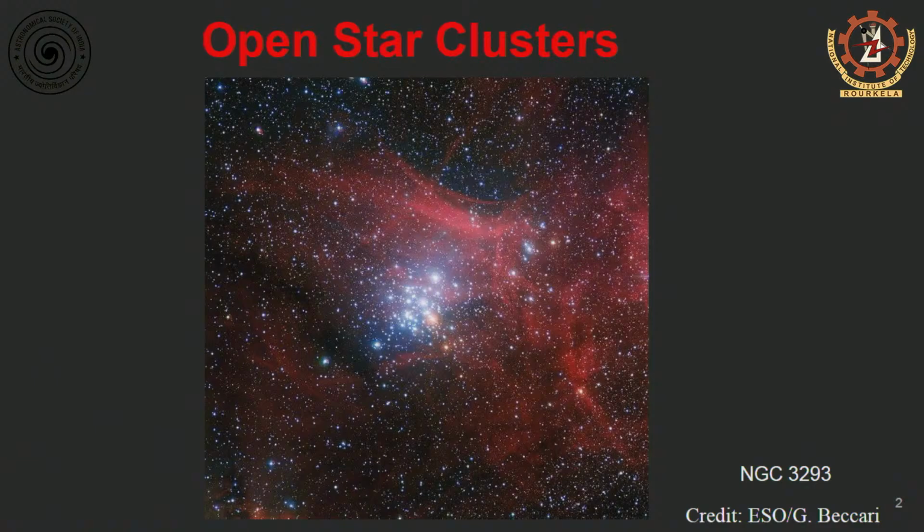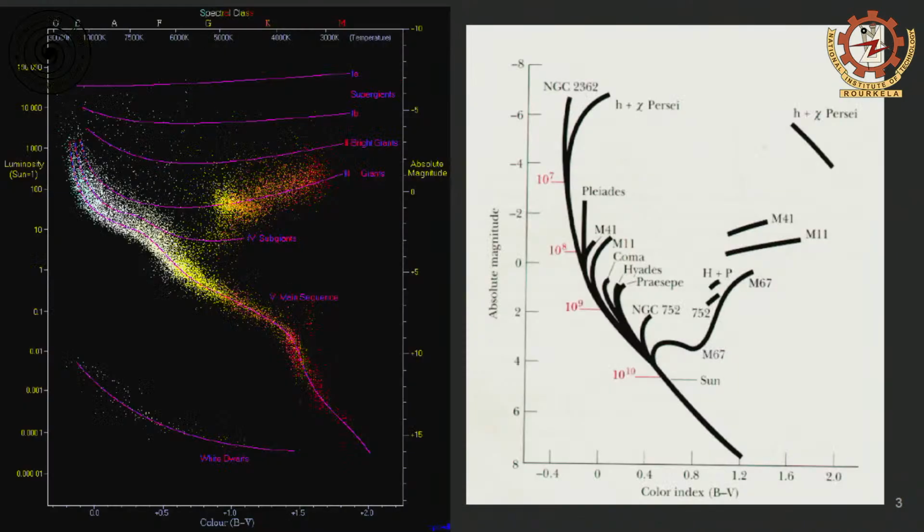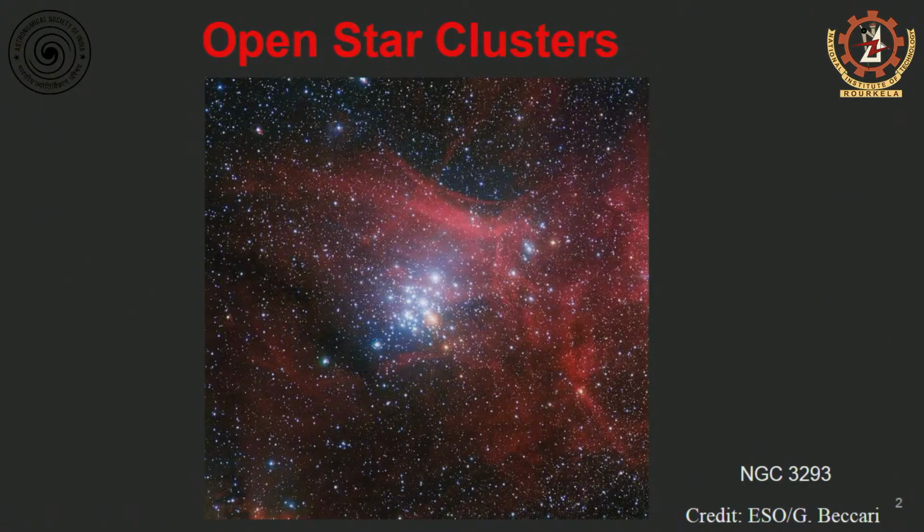These are formed from one molecular cloud, and because of that, they are almost at the same distance and the same age. In fact, because they are formed from the same molecular cloud, they have the same chemical composition. So all these stars which you can see here, okay, the pointer is not working.